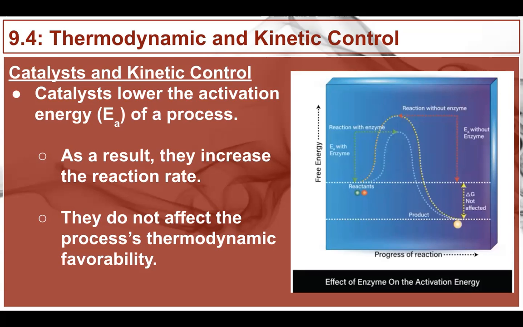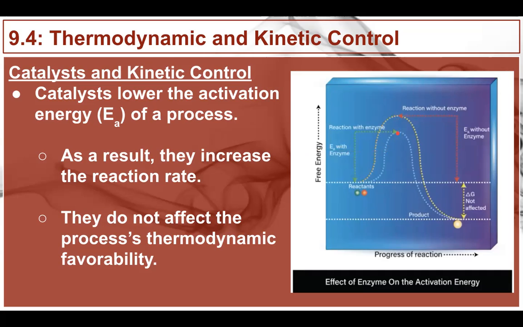By lowering the activation energy, the peak that we would normally have to get to with the reaction under normal conditions, with the catalyst, that actually lowers our peak. So now we don't have to provide as much energy to get up to the peak of our activation energy.